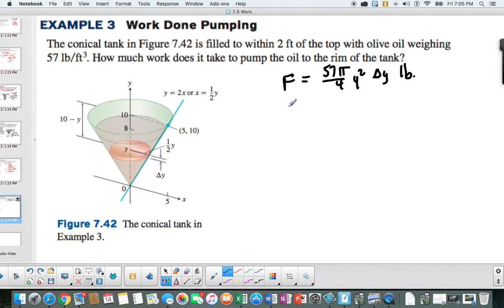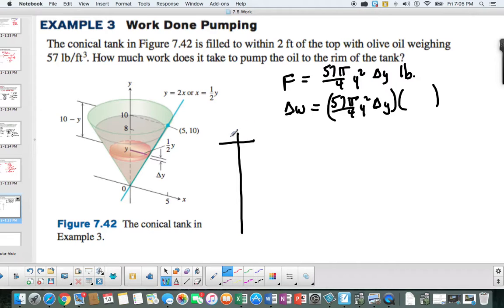And now I'm going to take a look at work. So a little piece of work is going to be force times distance, 57 pi over 4 y squared delta y, and then I want to times it by the distance. Now, how much this little piece travels varies. So here's an example where the distance varies. Let's go ahead and make a little chart here and see what's going on.